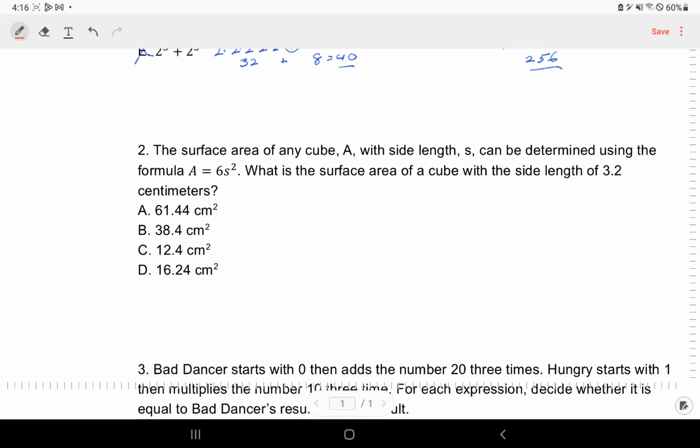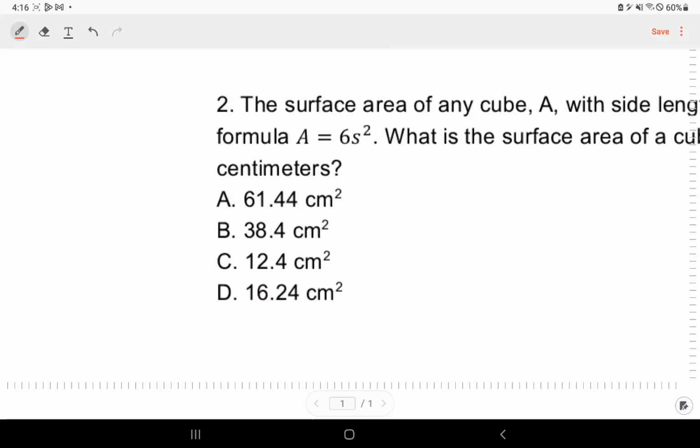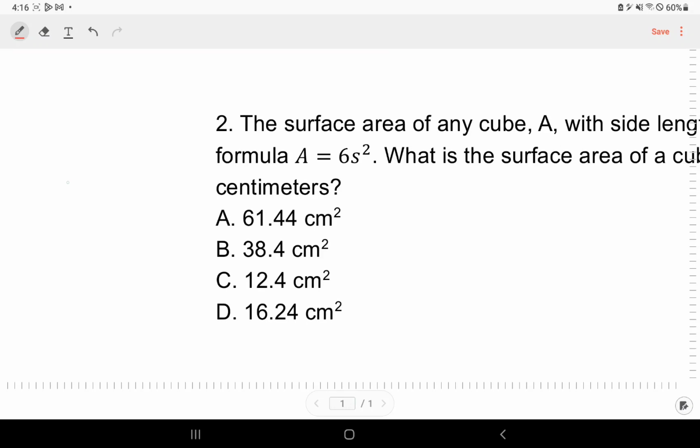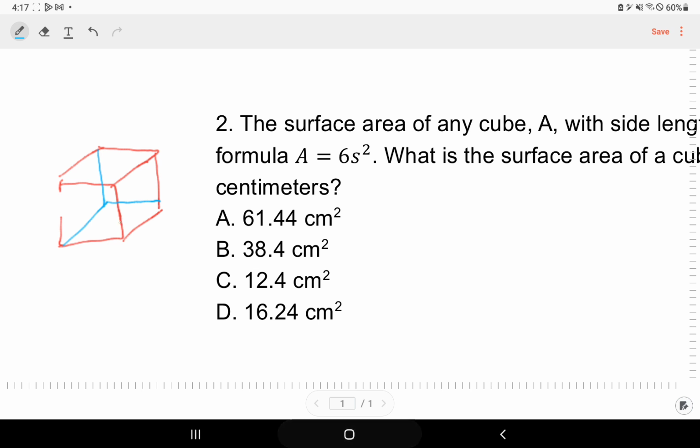So what it means is if we have a cube, so I'm going to draw a little cube. So we have 6 sides.